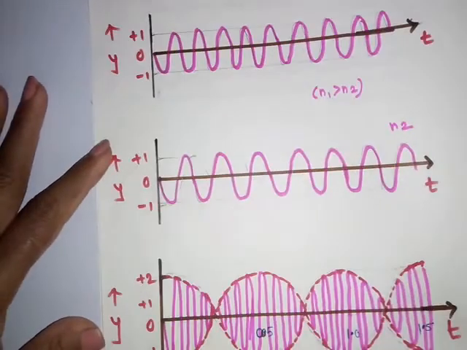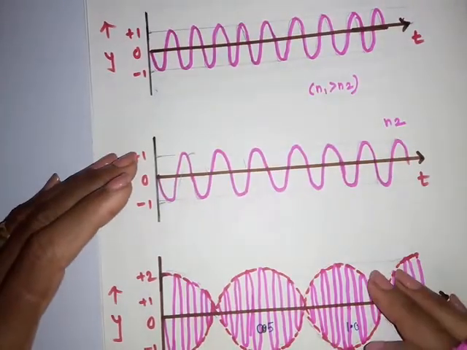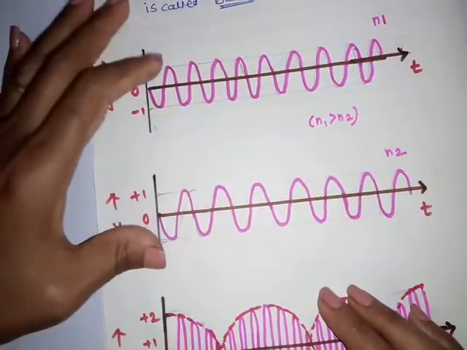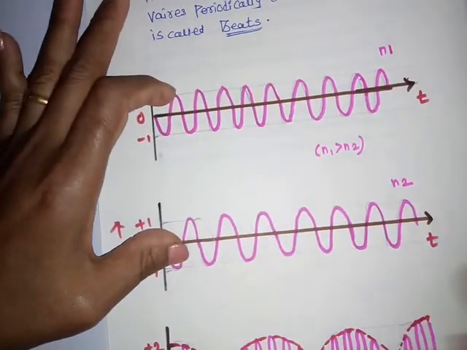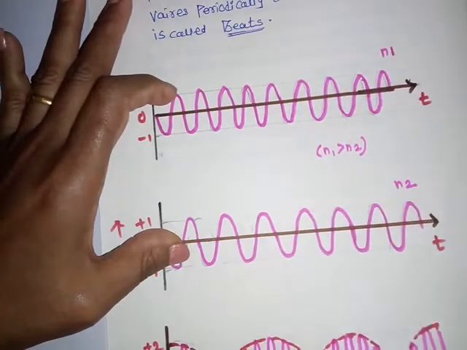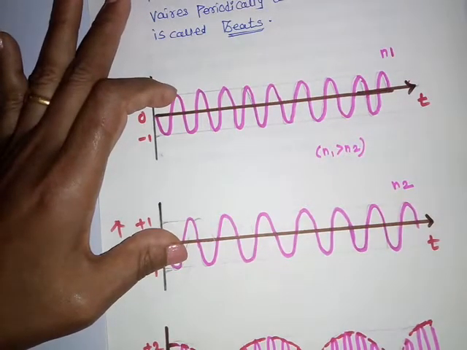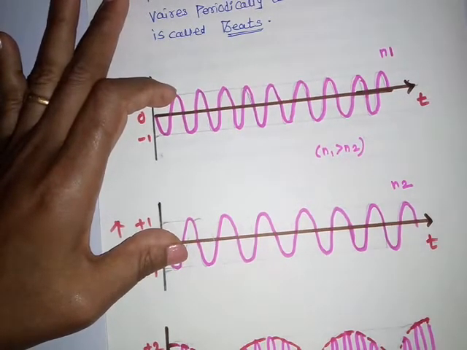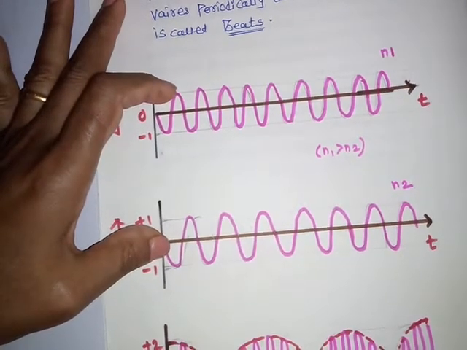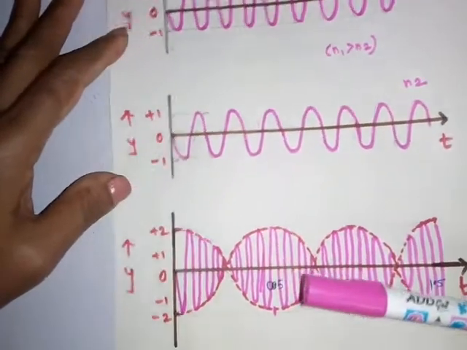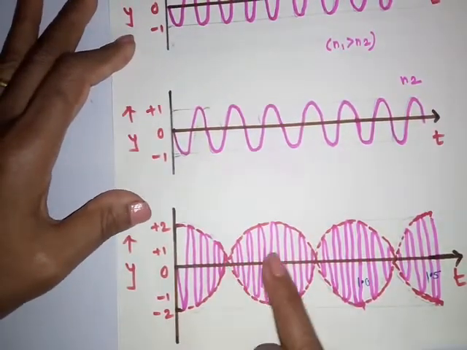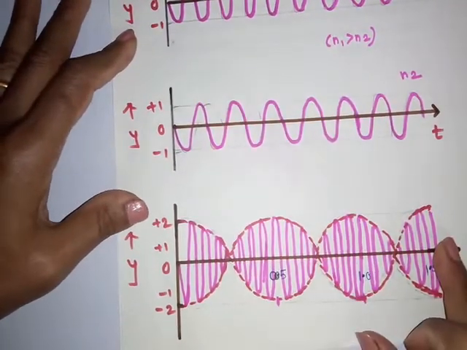After superposition of these two waves, the amplitudes get added. Amplitude added means intensity is increasing or maximum. After superposition, we get a new wave. In this figure, this is the resultant motion.